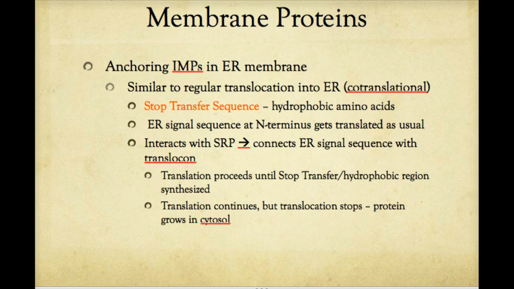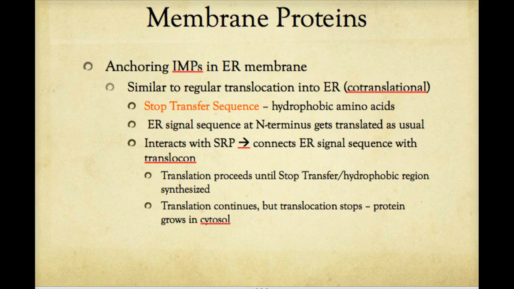So the ER signal sequence, as it always does, makes sure that that protein gets co-translationally imported into the ER. It interacts with the SRP, which connects the ER signal sequence with the translocon, and it proceeds just like any co-translational import. But the difference is right here.